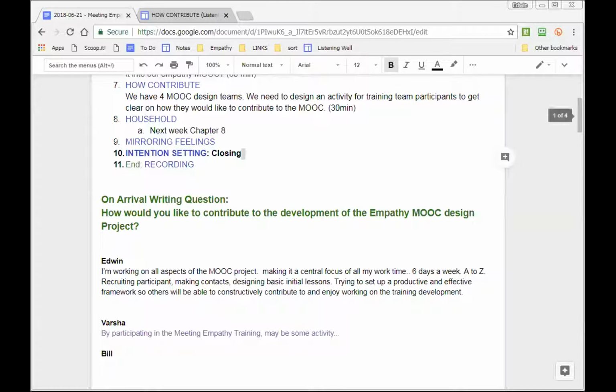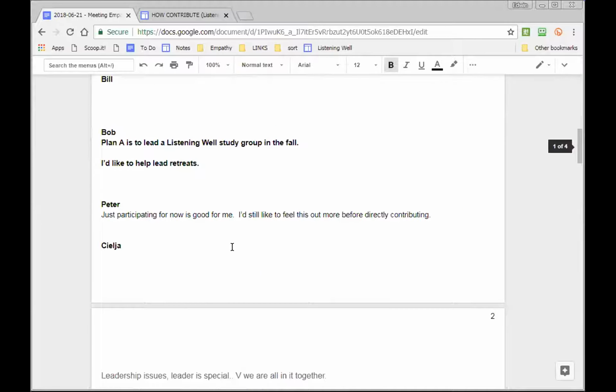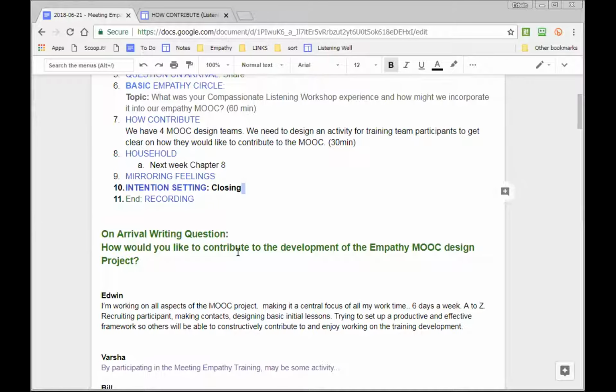So the thing I want to look at next is in our document. Let me share that actually. And meeting return. Hope that's the right one. Oh, okay. How to contribute.